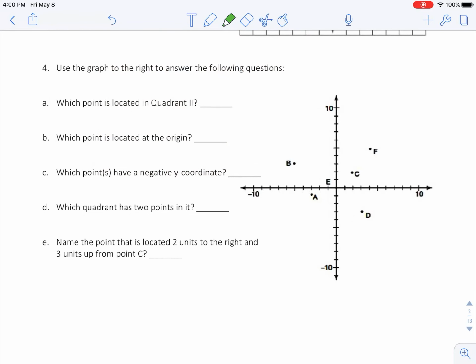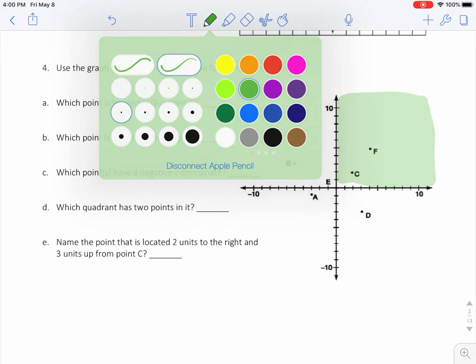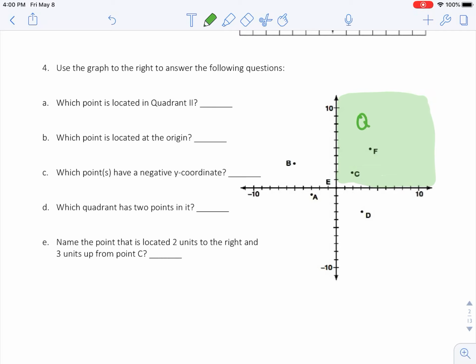And so if you remember this, with the way we divide it up, we divide it into 4 sections. So this first section in the upper right here, that is going to be quadrant 1. That's where we start. And then we go to the left. So our next quadrant, I'll do this one in pink, would be this second quadrant here, this whole section.